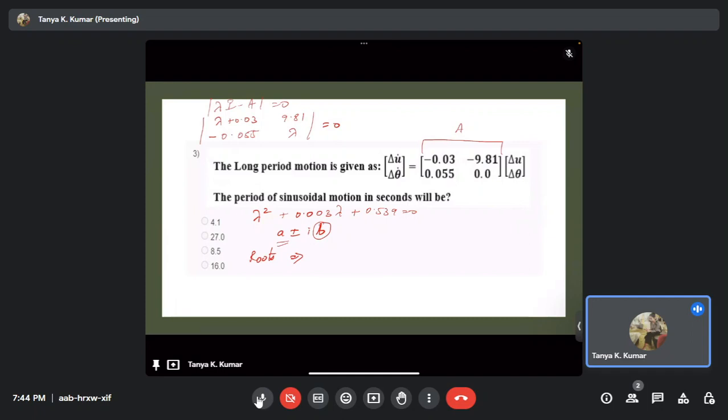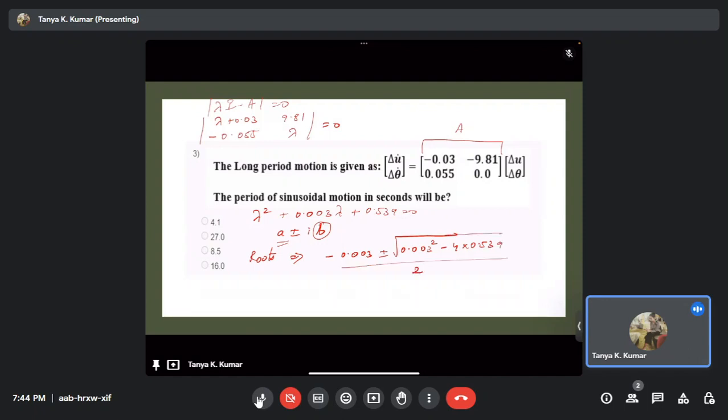Just find the roots of the equation. So you have roots are minus 0.03 plus or minus square root of 0.03 squared minus 4 into 0.539, by 2.